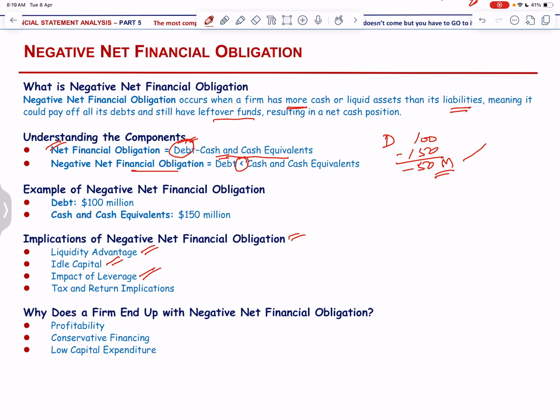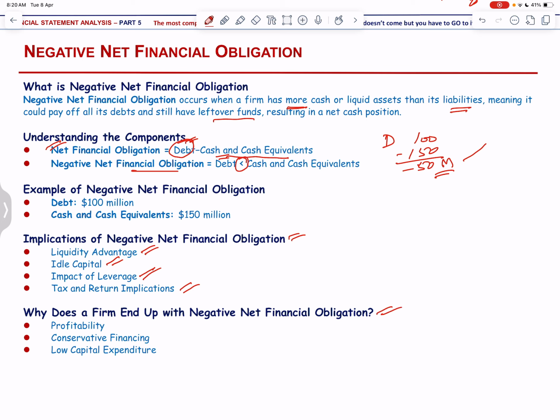Then excess cash holdings might result in lowering returns because the firm is holding non-operating assets like cash and marketable securities that do not earn as much as productive assets or investments in growth.